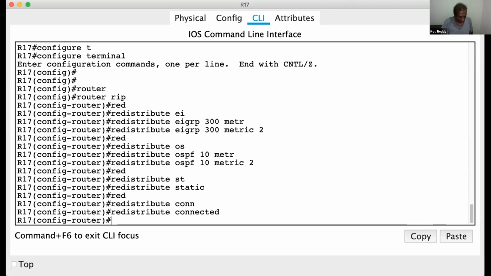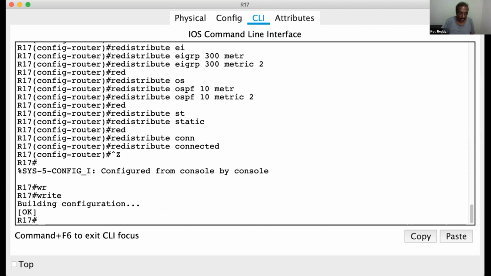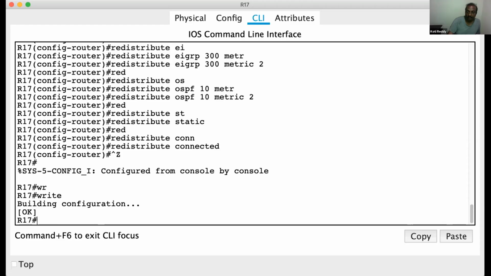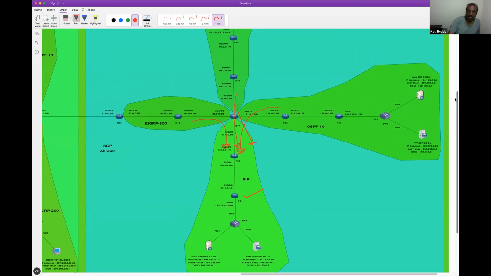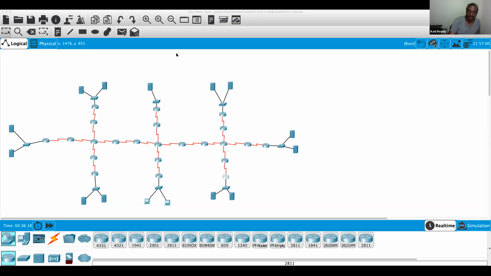If our redistribution is correct, then if I go to R21, I should see all these routes. I should see 81 series routes, 80 series routes, 90 series routes, and also 110, 111, and 112, right? Let's do that on R21. So I go to R21.